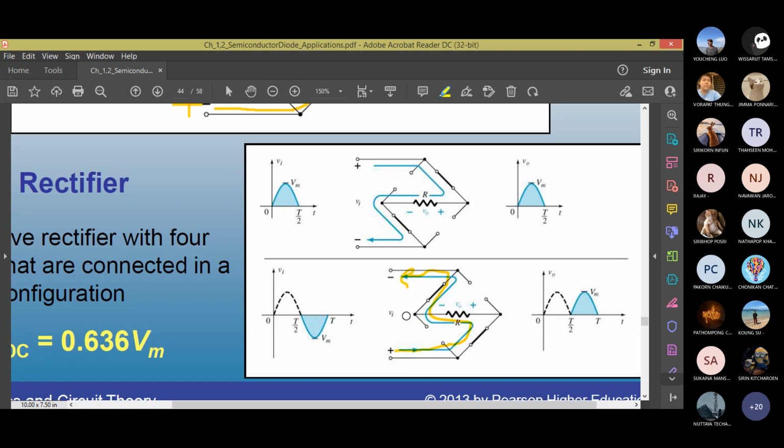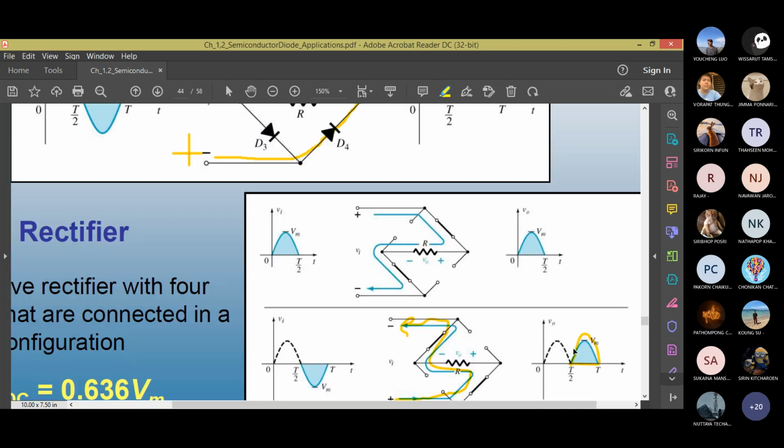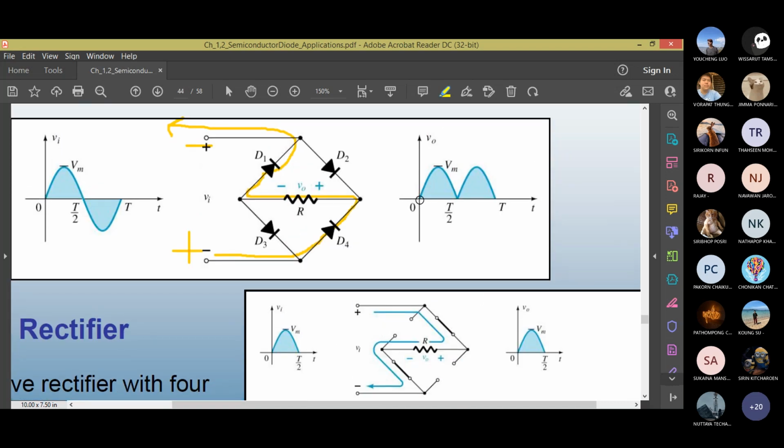So the other two diodes are on during the negative half cycle. One pair will be on, the other will be off, and vice versa. During the negative half cycle, you get the second peak output. When you combine the first and second pairs and the associated outputs, this is what you get.